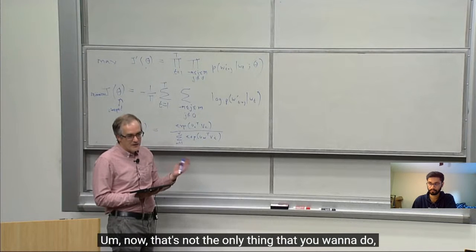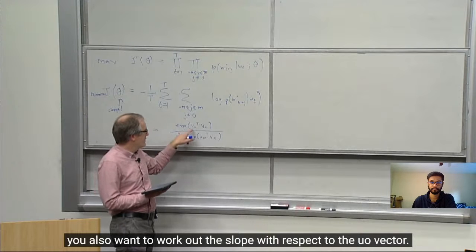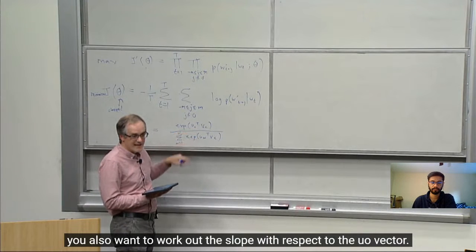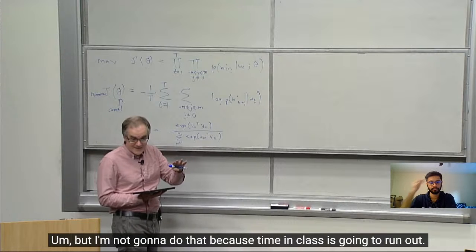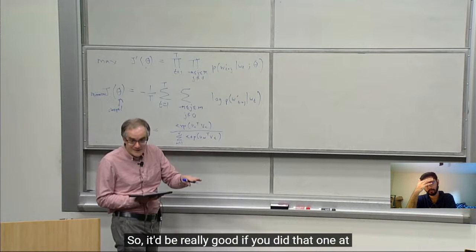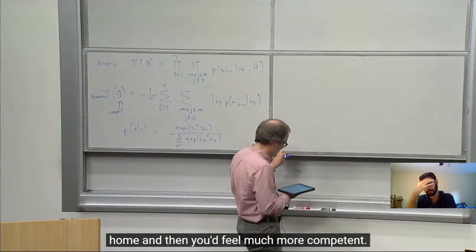Now that's not the only thing that you want to do. You also want to work out the slope with respect to the uo vector, but I'm not going to do that because time in class is going to run out. So it'd be really good if you did that one at home, and then you'd feel much more competent, right?